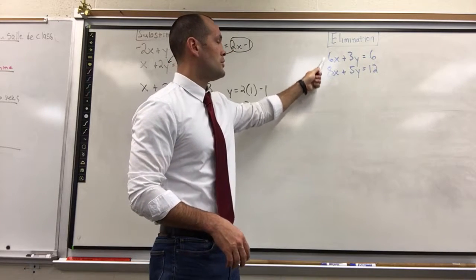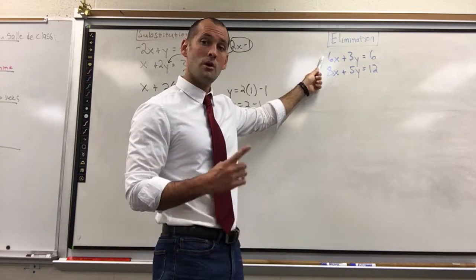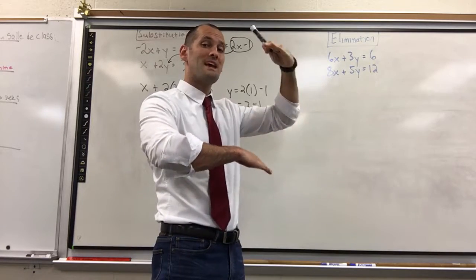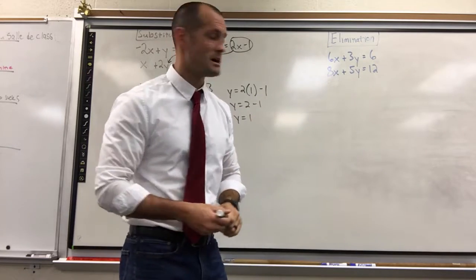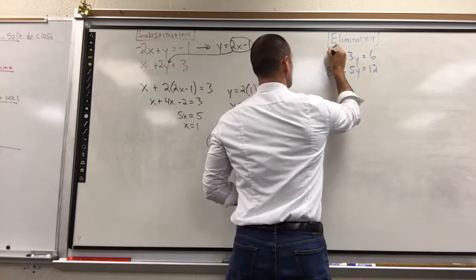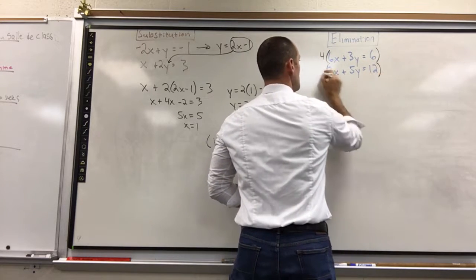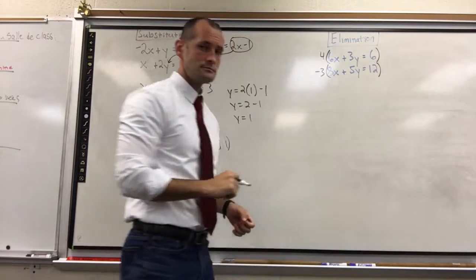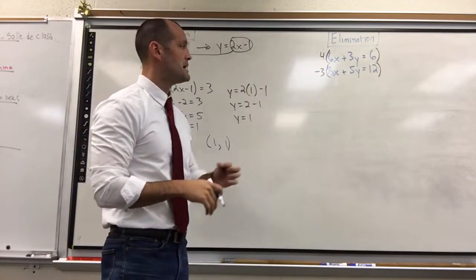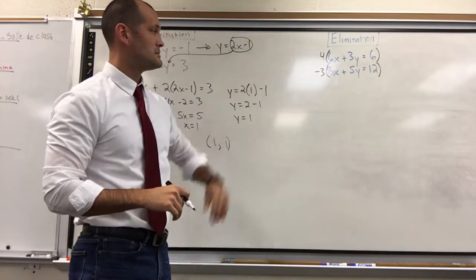So if I want these both to become a 24, keep in mind one of them has to be negative so that I'm going to be adding down and eliminating it. That's my goal. So I'm going to multiply the top by 4 and the bottom by negative 3. This is a way I can manipulate my equations and get them to cancel.